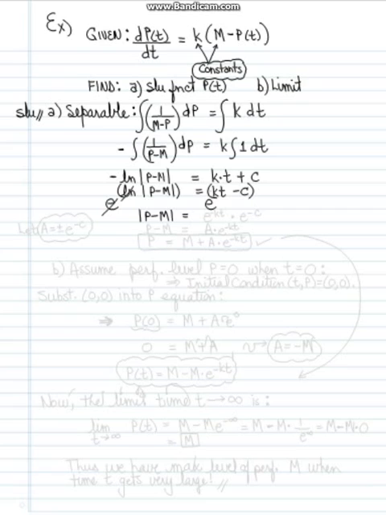So we have e to the negative k t times e to the negative C. Oh, you know, I forgot to make this negative. The k t has to be negative also.